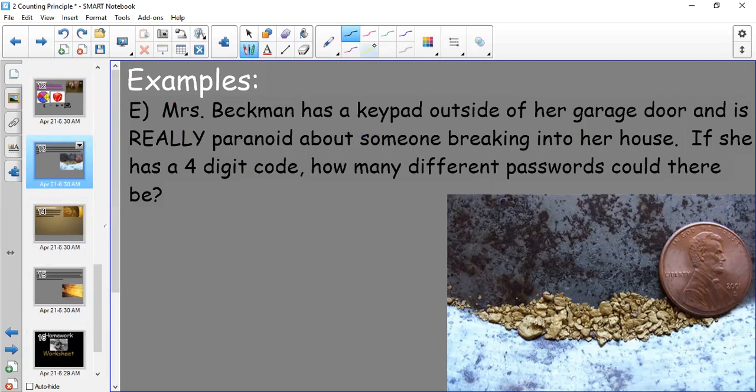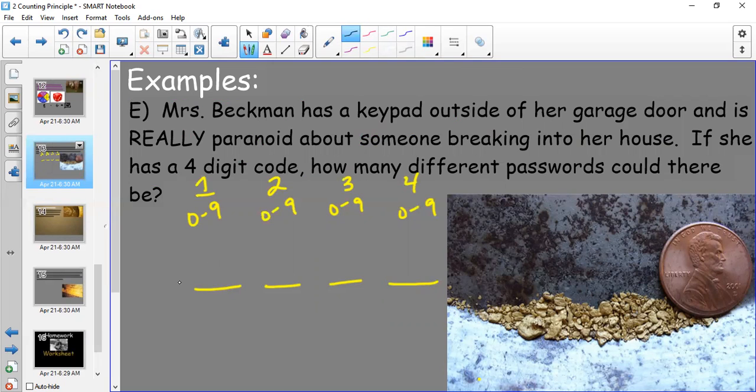Okay, so if you have a keypad outside your garage door, or if you're talking about iPhones, they usually ask for a 4-digit passcode. Now, each of these digits are numbers, and they're the numbers 0 through 9. So we have technically 4 events here. We have to choose the first number, the second number, the third, and the fourth. So 4 events.